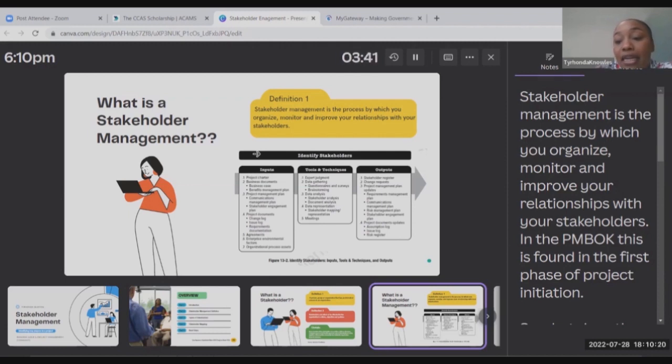And in the PMBOK, this particular phase is found in the initiation underneath the project charter of that phase. And it's so important that it was included first inside the project charter. Besides the scope and all those other things, it's included in the first phase, which is at the project initiation.